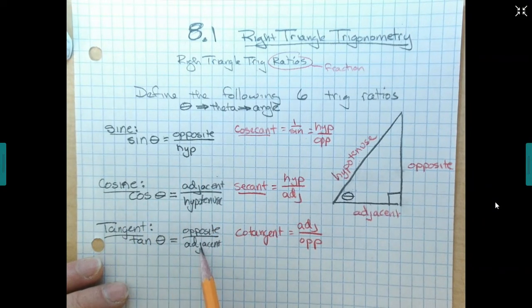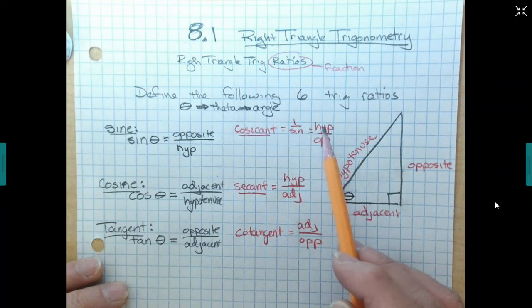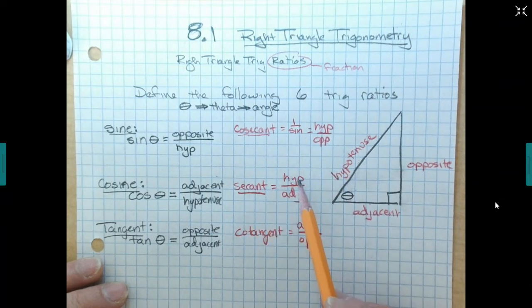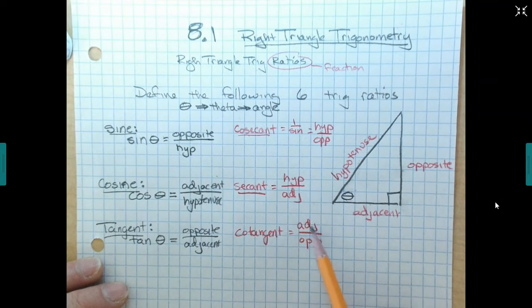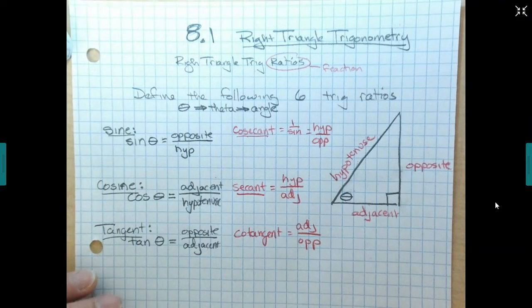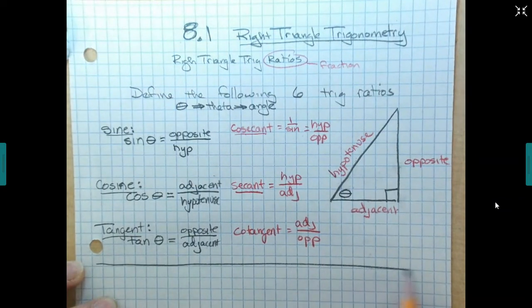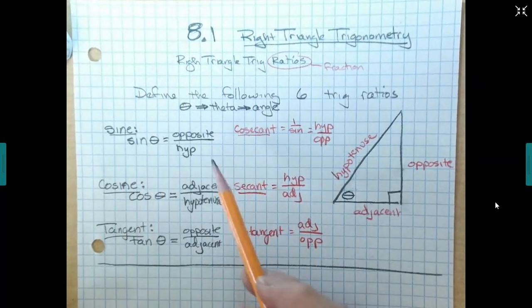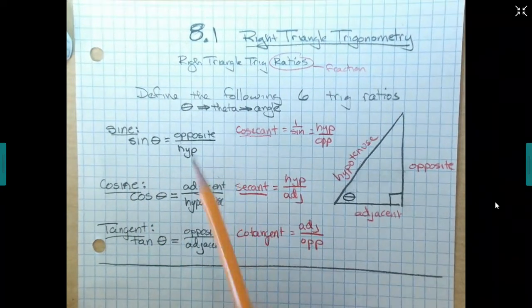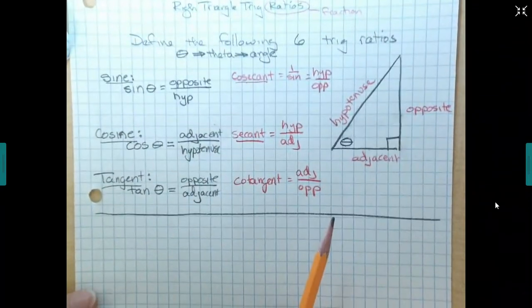Tangent is opposite over adjacent. Cosecant is hypotenuse over opposite. Secant is hypotenuse over adjacent, and cotangent is adjacent over opposite. Now, how do we use those in our math? You're going to use this the whole lesson, so have this somewhere where you can see it.